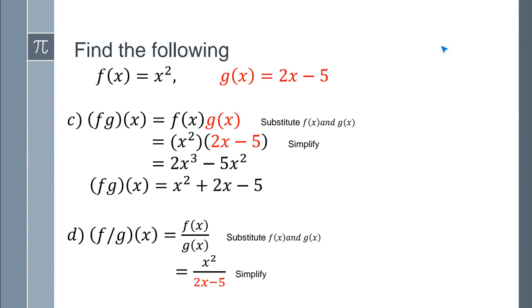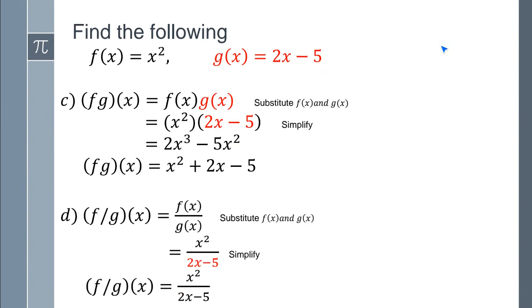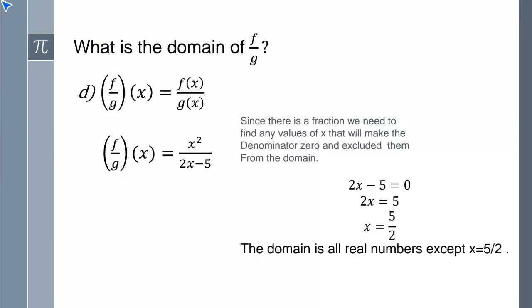But then again, our homework is going to ask us to find the domain of the function f divided by g. Again, we know that our denominator cannot be equal to 0, so if we don't see it, let's solve for it. Let's set it equal to 0. 2x minus 5 is equal to 0. So to solve for x, I'm going to add 5 on both sides, divide by 2, and I see that if x is equal to 5 halves, I will get a 0.